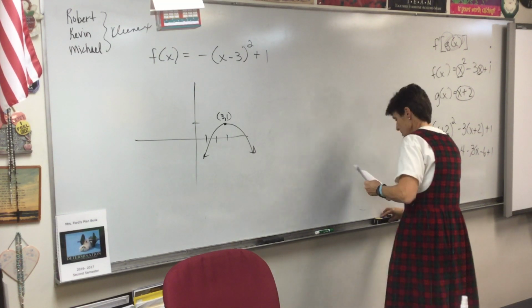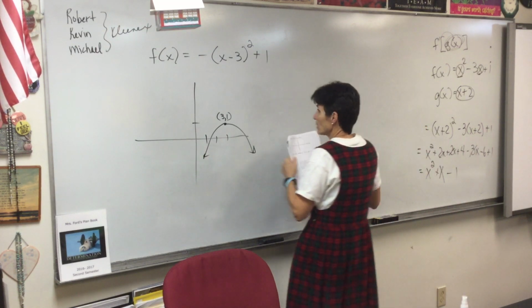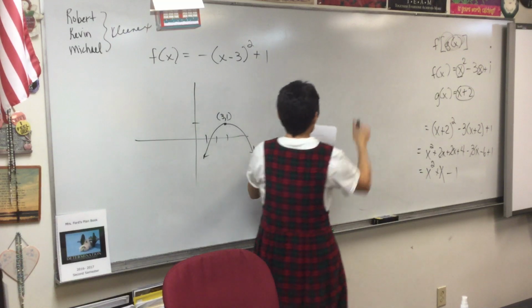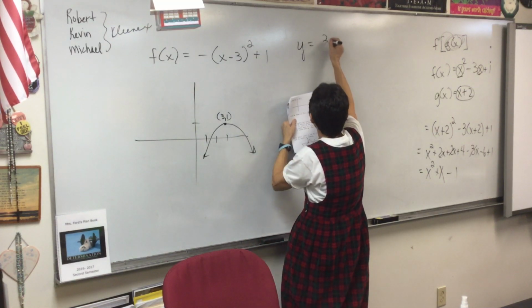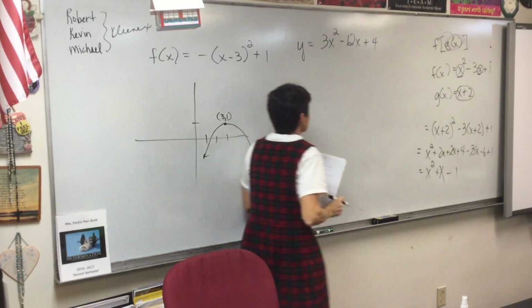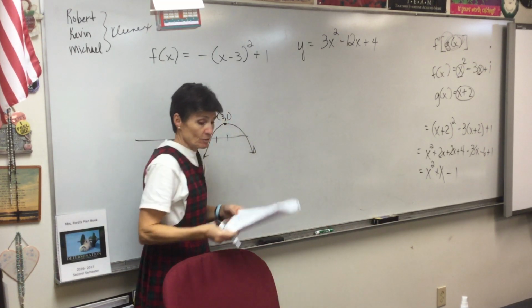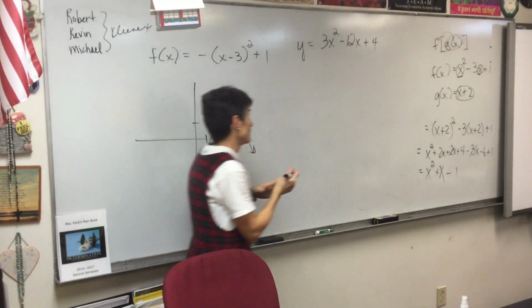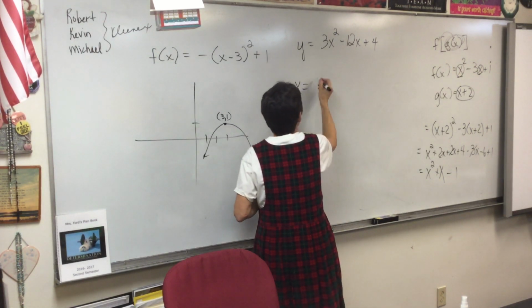Now we're going to find the vertex of a parabola. You found the vertex of this one easily. This one is not written that way. So to find the vertex of that, what do we use? Somebody said it earlier. Negative b over 2a.